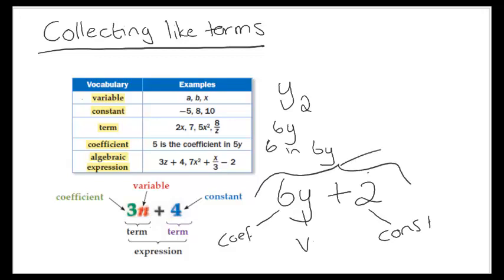Altogether, this is an expression, and 2 alone and 6y alone are each going to be our terms.